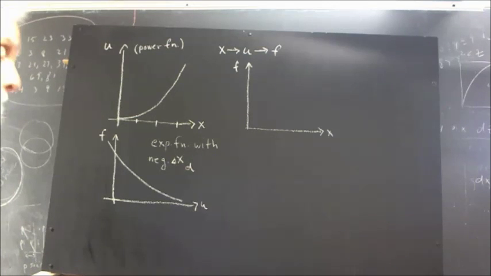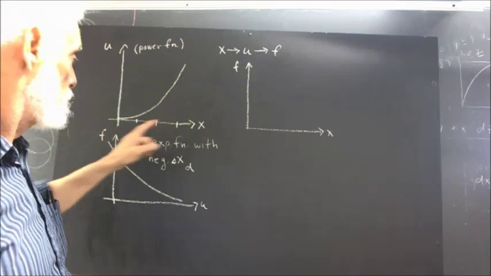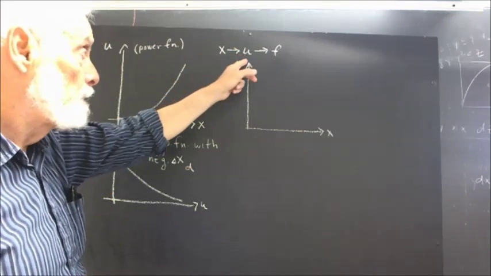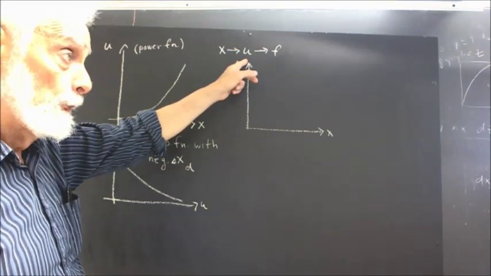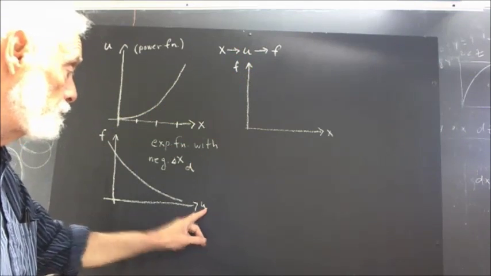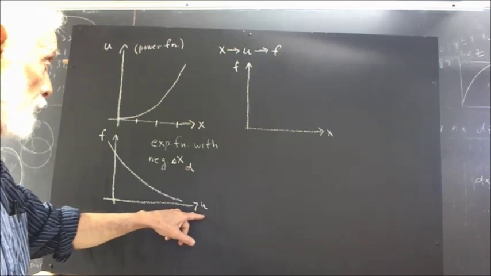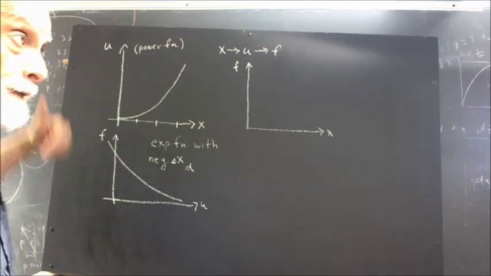Okay, so what we're going to do here is take each value of x here and determine the value of u, and then we're going to take that value of u, which we get here, down to this u axis and construct the value of f.